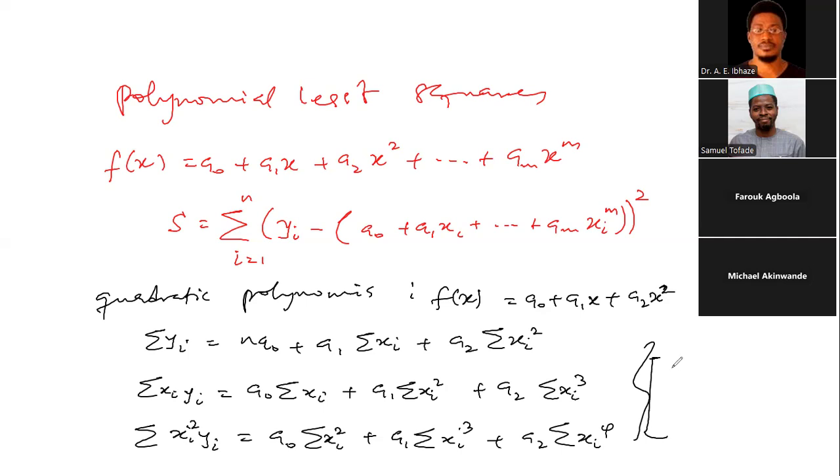Say here you now have n, sigma si, all the way to sigma si to the m. Then we have sigma si squared all the way to sigma si to the m plus 1, for instance. Let's say then this goes all the way to sigma si to the m, sigma si to the m plus 1.